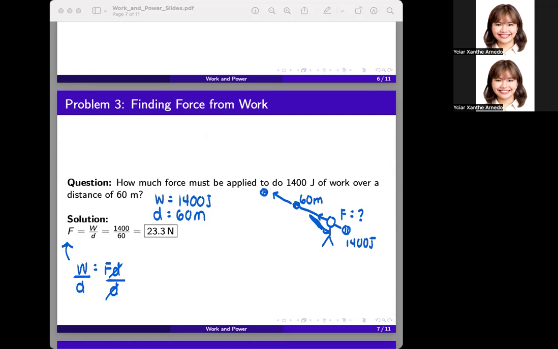Plugging in the values that we have, we divide 1,400 joules by 60 meters, and we get the magnitude of the force as 23.3 newtons. So that's our final answer for this problem.